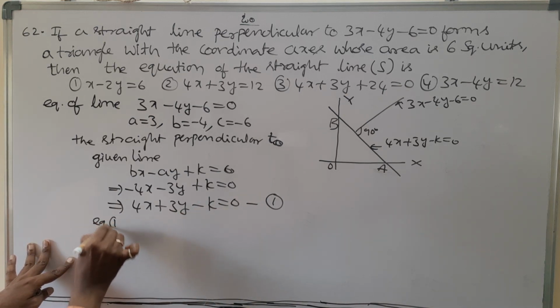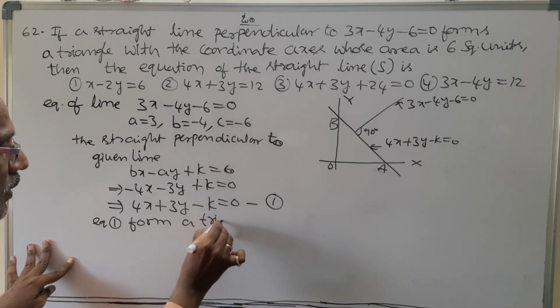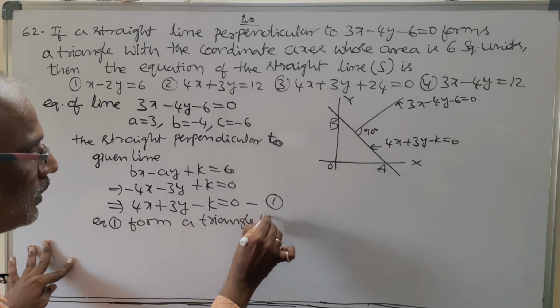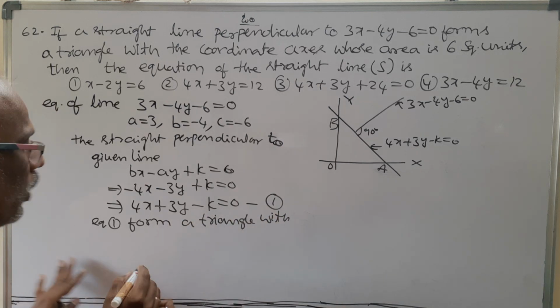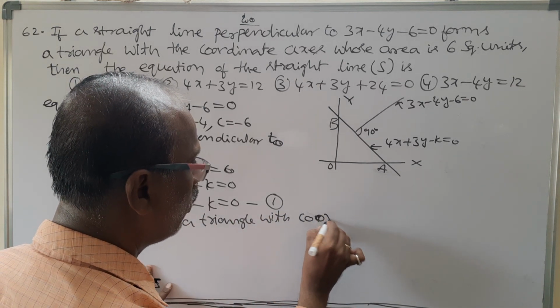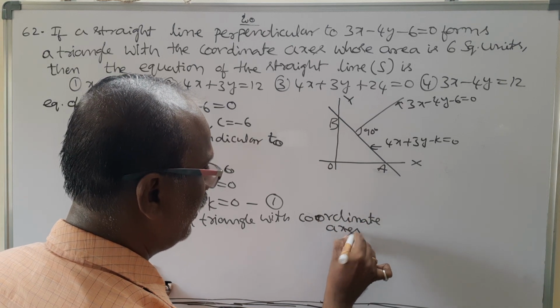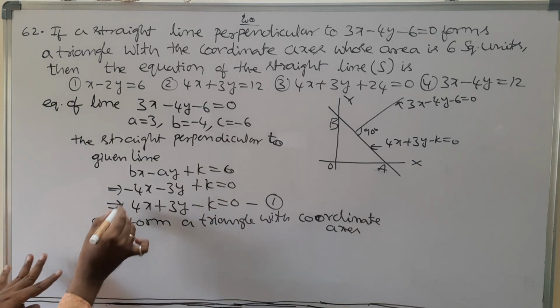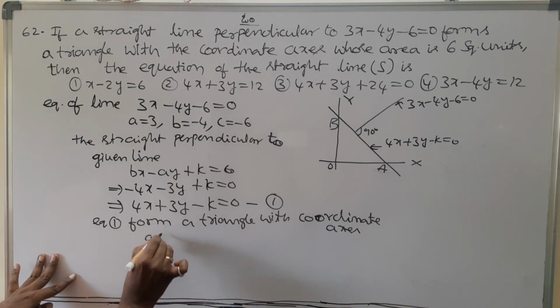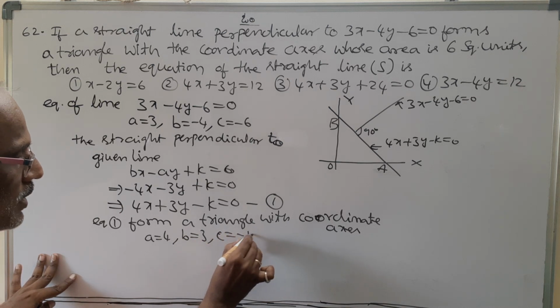Equation 1 forms a triangle with the coordinate axes. In equation 1, a equal to 4, b equal to 3, c equal to minus k.